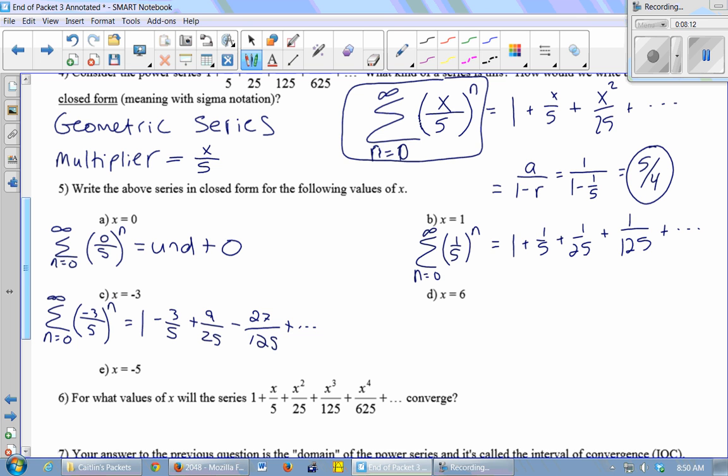All right, what if I plug in x equals 6? The sum n equals 0 to infinity of (6/5)^n. I get 1 plus 6/5 plus 36 over 25 plus 216 over 125. Does that series converge?